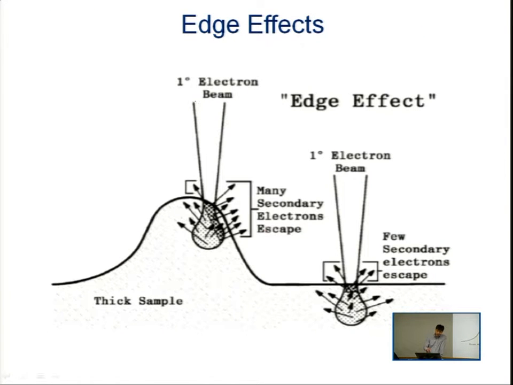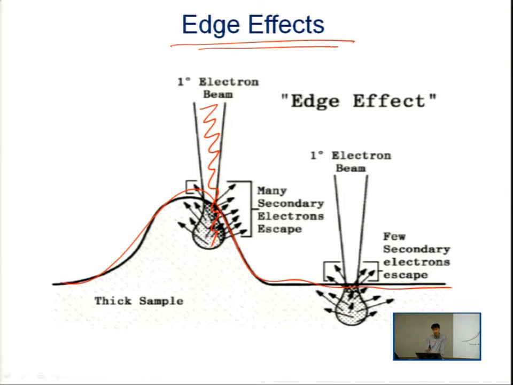When the primary electrons hit the surface, if your sample has a very rough topography, depending on where you are observing, you will have some kind of edge effect.